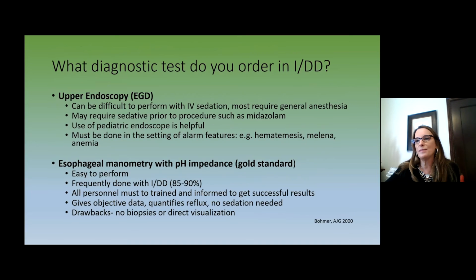Next slide, please. So this is just a little bit more detail on when you're thinking about what diagnostic test to choose for patients with IDD. Upper endoscopy really, in many cases, is not that difficult as long as general anesthesia is involved, and we can use smaller pediatric endoscopes, which can be helpful. It always must be done when there's alarm symptoms.